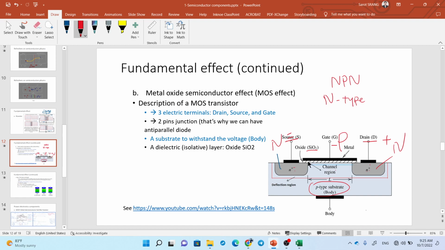Then you get negative charge accumulating here, right? And then it repels all electrons from this side to another place. So it accumulates all the positive charge here, right? So in this case, it cannot form a bridge from this one to this one. Then this device turns off.